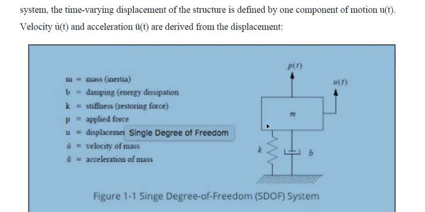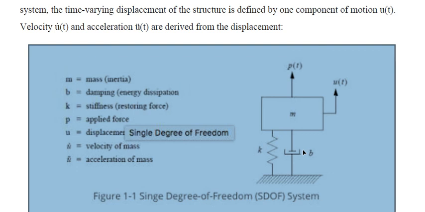Therefore, considering the mass force, that is inertia force, stiffness force of the spring and the damping force, one can write the equation of motion of the system. So what are the three important forces we have to consider? Inertia force, stiffness force, that is spring force, and damping force.